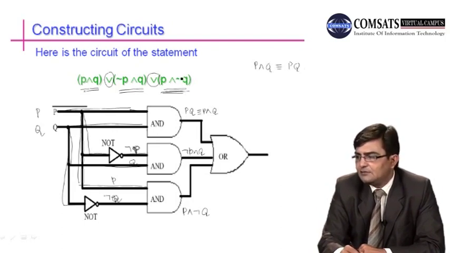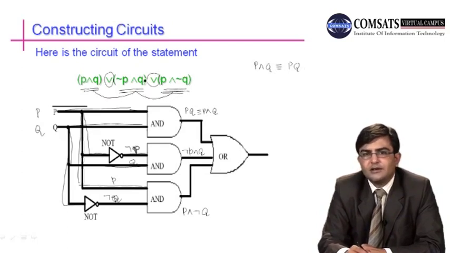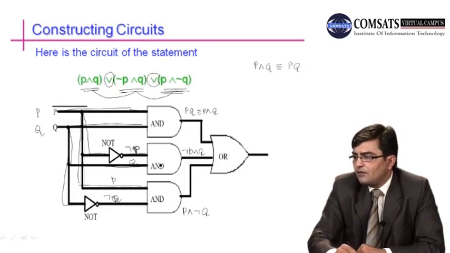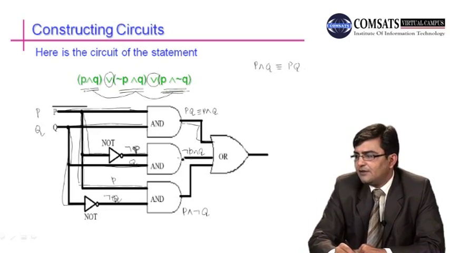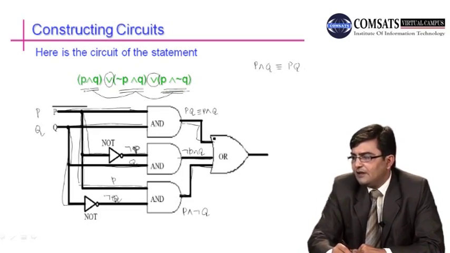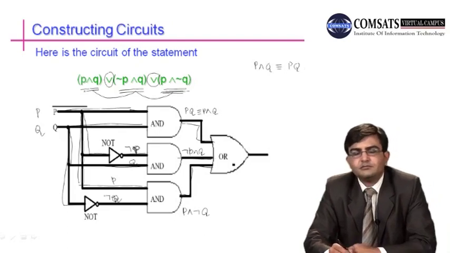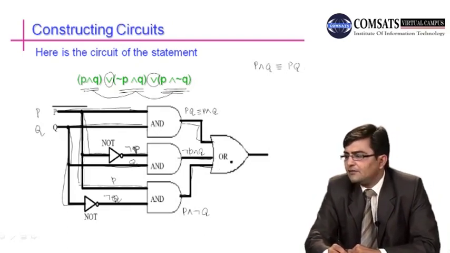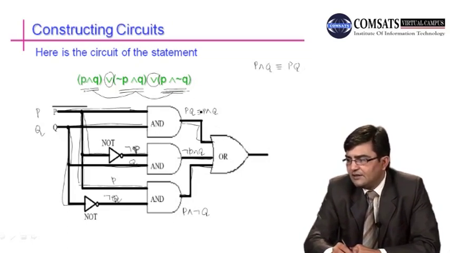Now all these three expressions, this and this, are connected by OR operator. So we draw a line from here to here, from here to here, and from here to here, and we construct an OR operator here. There are three inputs of this OR operator.